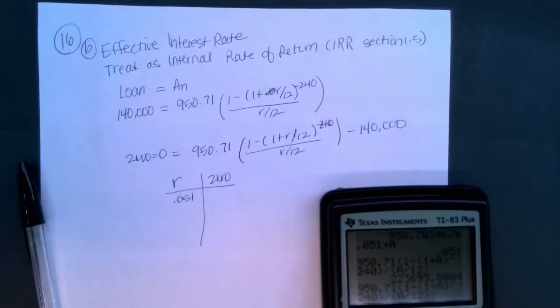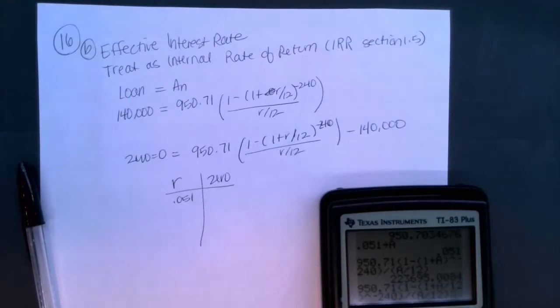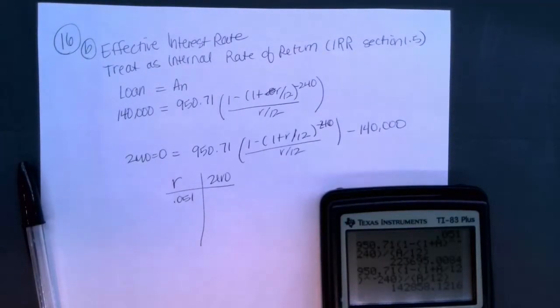And I notice I made a mistake, so I can fix it now. I forgot to put over 12 up there. Okay, so let's try again. There we go, that's the number we want. So we're going to subtract off 140,000.